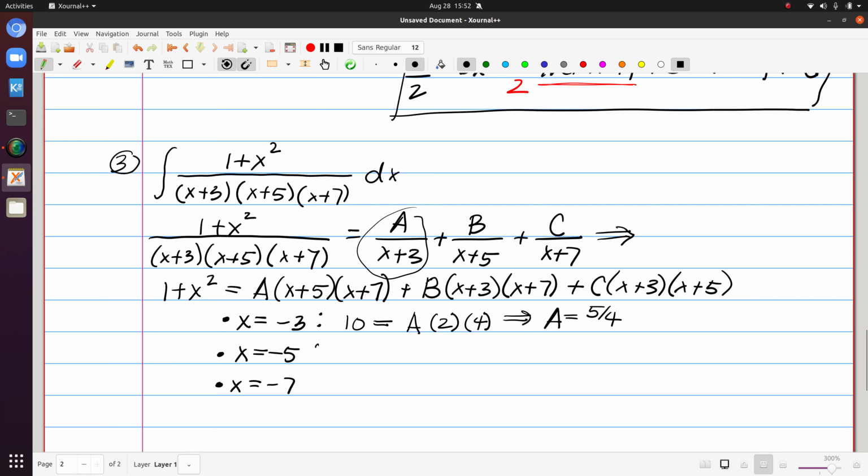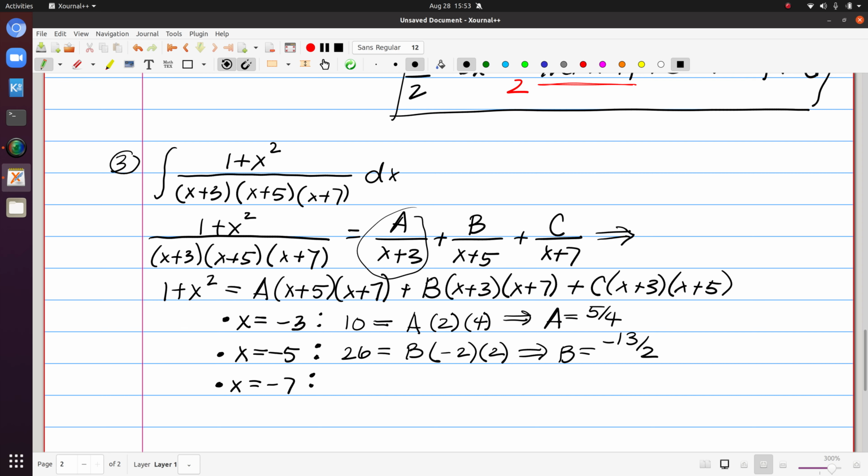If I plug in -5, that's going to wipe out A and C. So we're going to get 1 plus 25, or 26, equals B times -2 times 2. So B would be -26 over 4, or -13 over 2. And then finally, we can plug in -7.